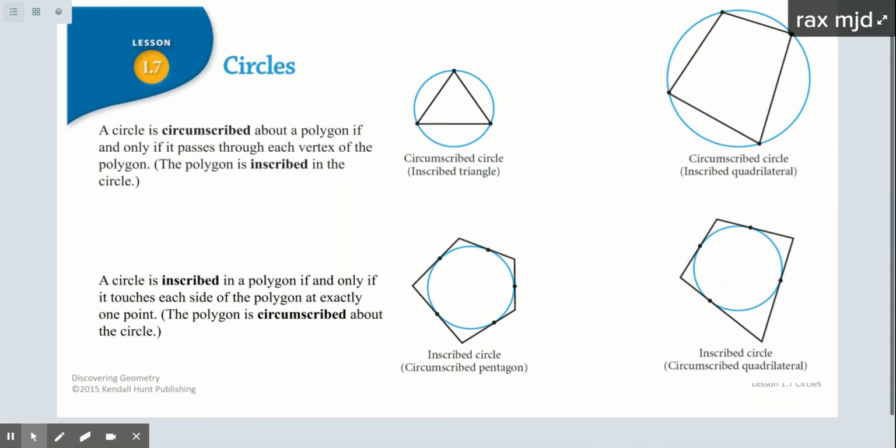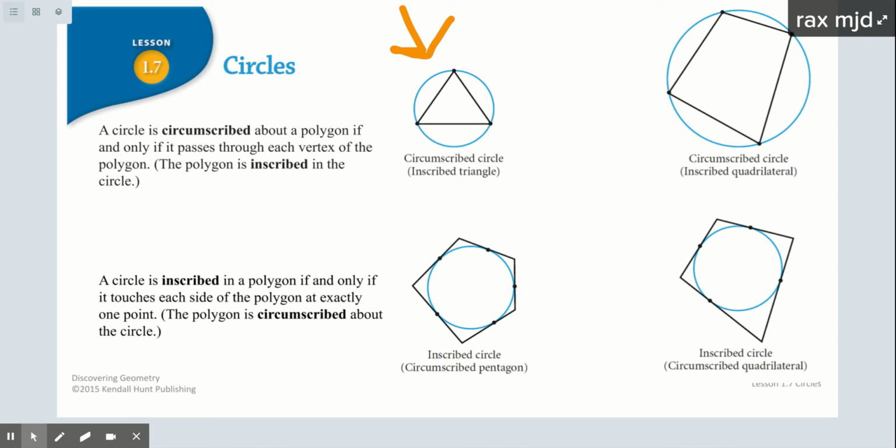Okay. So circumscribed and inscribed are relational terms, right? So this picture has a circle that is circumscribed about a triangle. Because I mentioned the circle first, I use circumscribed.